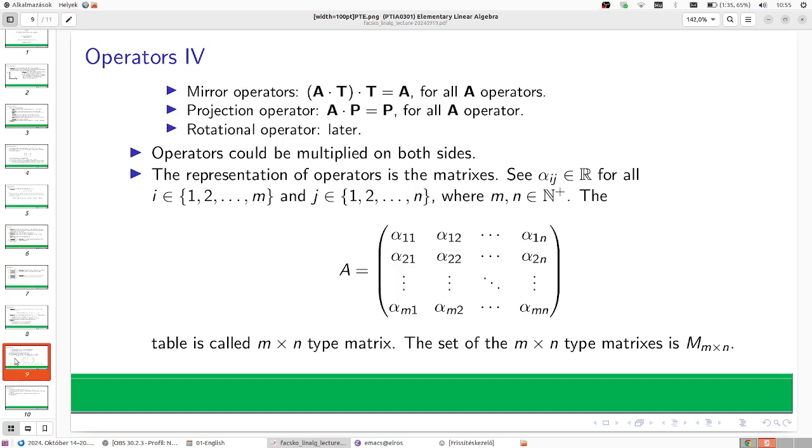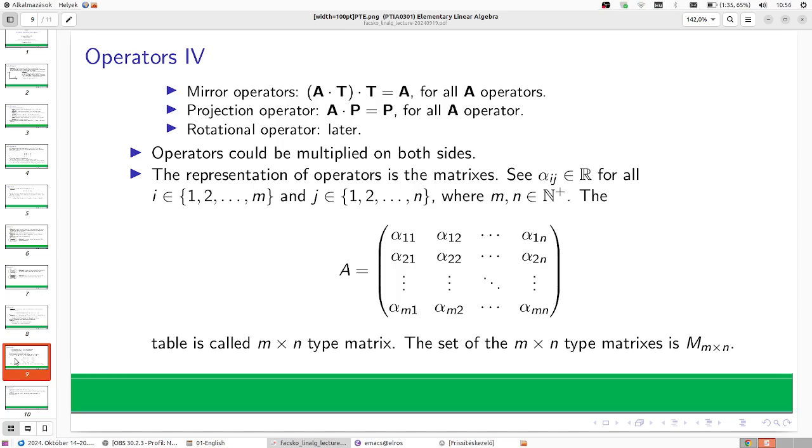There are mirror operators. You have an x vector, then you get minus x vector. You can do it with an operator. That's a mirror operator.